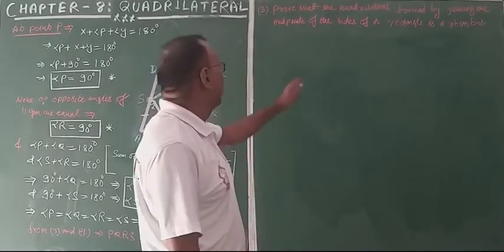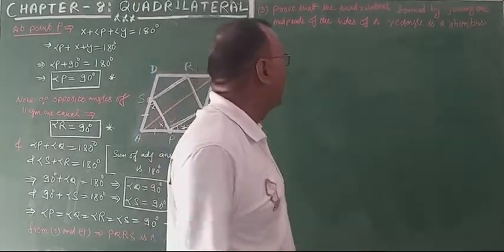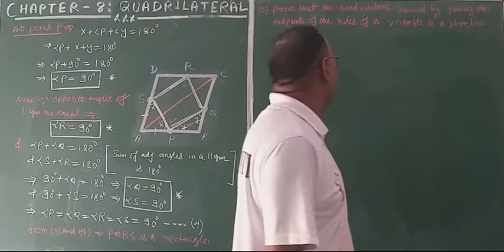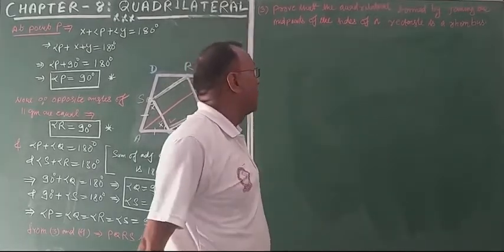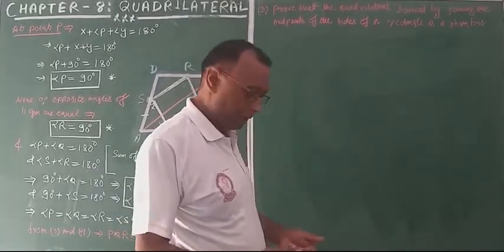Now this is question number 3rd. Prove that the quadrilateral formed by joining the midpoints of the sides of a rectangle is a rhombus.